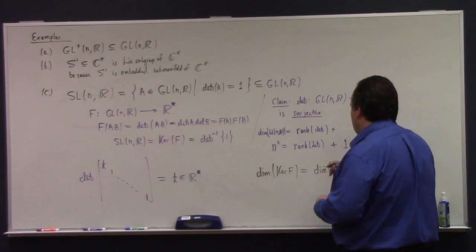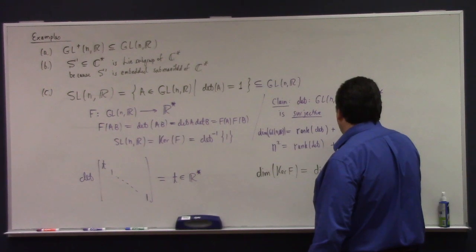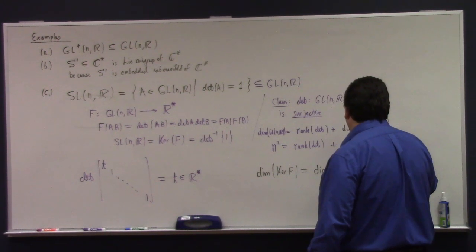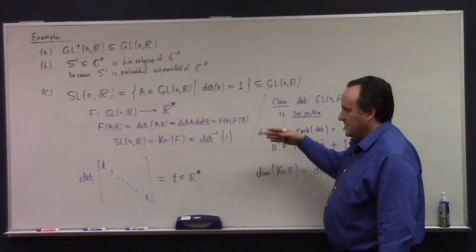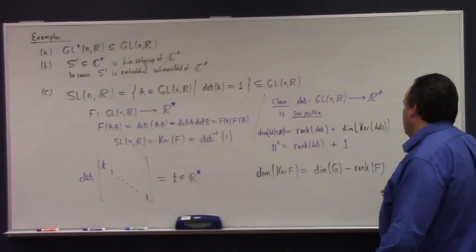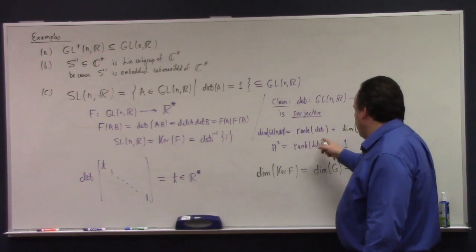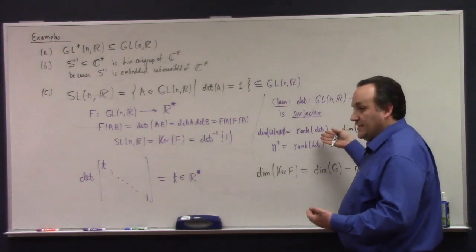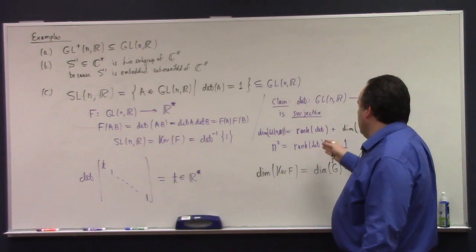So what I should be looking at here is the rank of the determinant plus the dimension of the kernel of the determinant, right? That plus that should be the dimension of the domain. That's the rank-nullity theorem. So we just figured out that the rank of the determinant is also the dimension of the image of the determinant, which we just argued is 1 because it's surjective.